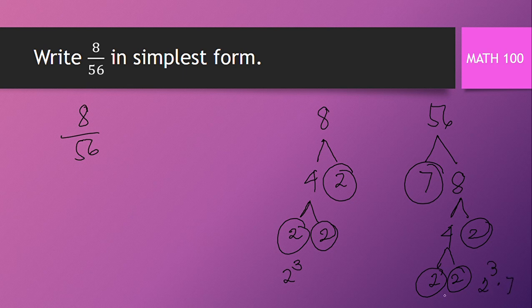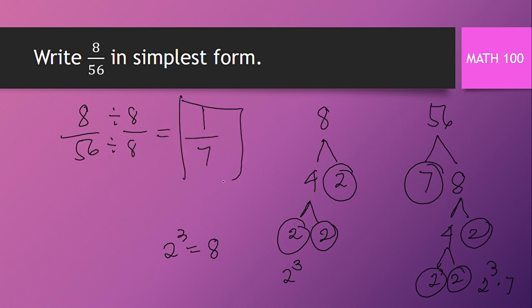So common is 2 to the power of 3, which is equal to 8. So dividing this by 8 and the denominator by 8 as well, this is equal to 1 over 7. So that is now your simplest form. So I hope you learned something.